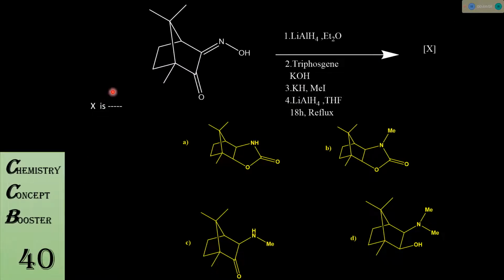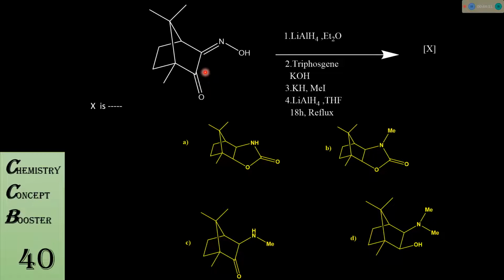So yeah, see, this is a norbornene carbonyl compound. Is the name of this compound something like norborneol or norbornenone kind of molecule? If OH is there, it means norborneol. So this is a norbornenone kind of molecule.